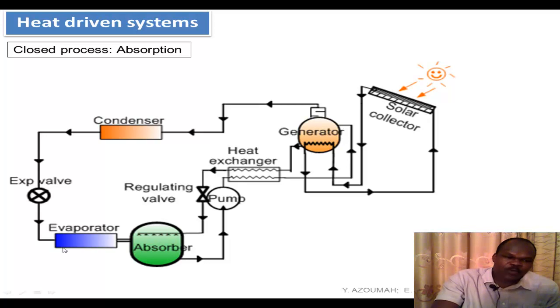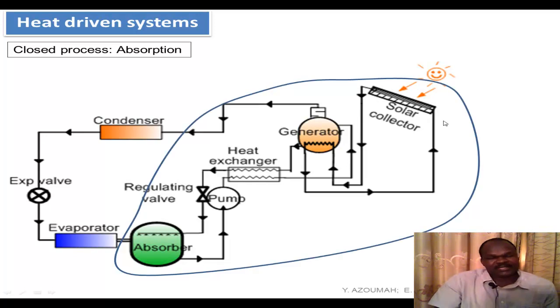And then the working fluid that was absorbed goes the way back and the cycle starts again, okay? As I told you, all this system replaces the compressor. And these types of systems, instead of being powered by solar energy, can be powered by any other source of heat.